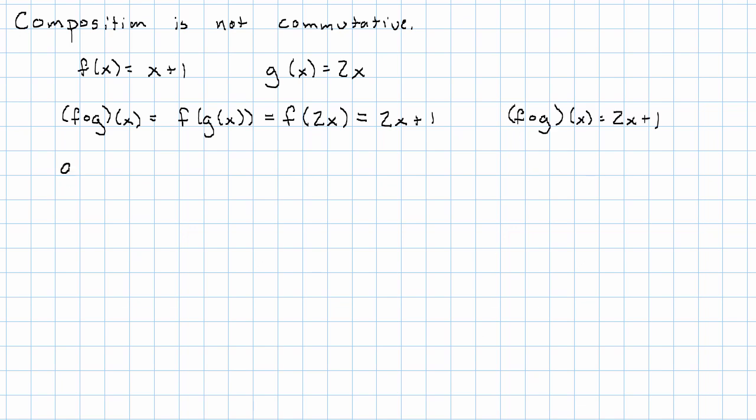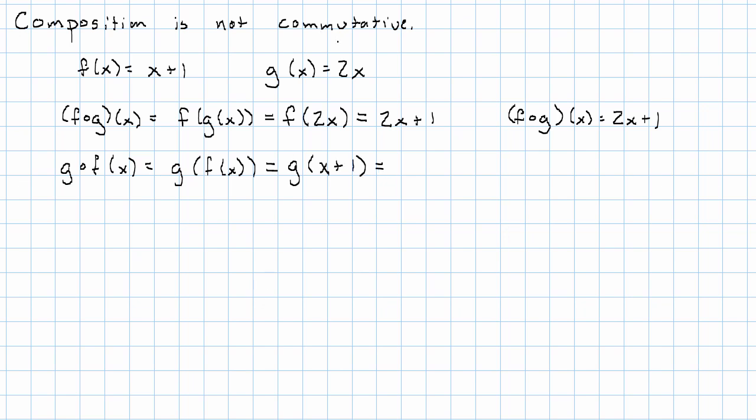On the other hand, if we take g composed with f, that'll be g of f of x. So it'll be g of, well, f of x is x plus 1.